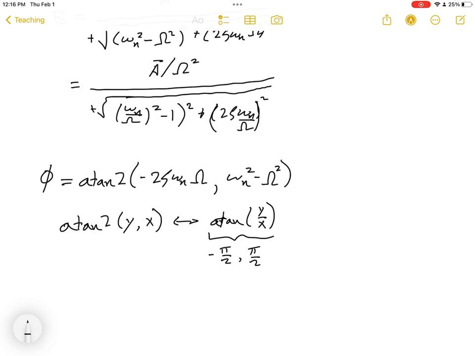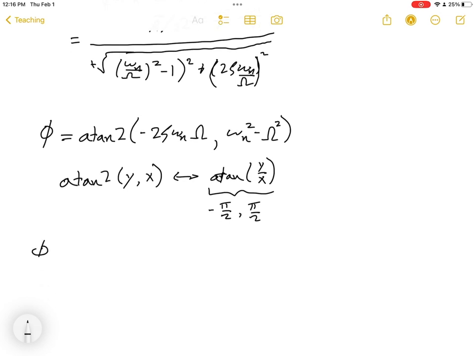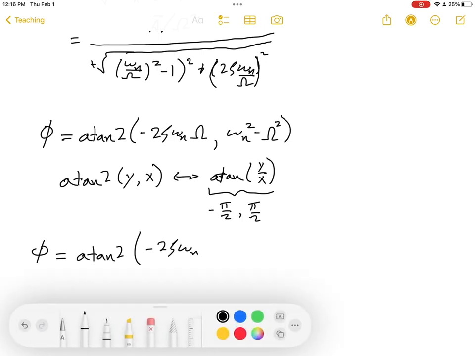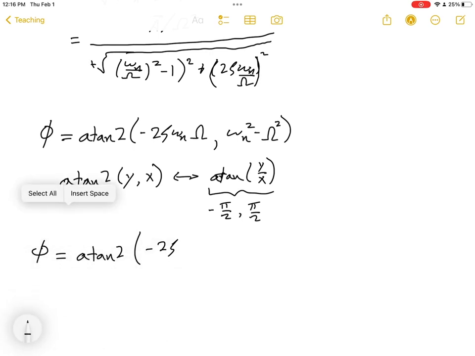We can rewrite this by factoring out omega n again. Sorry, I'm going to back up there. So we've got minus 2 zeta times capital omega over omega n, comma, 1 minus capital omega over omega n squared.